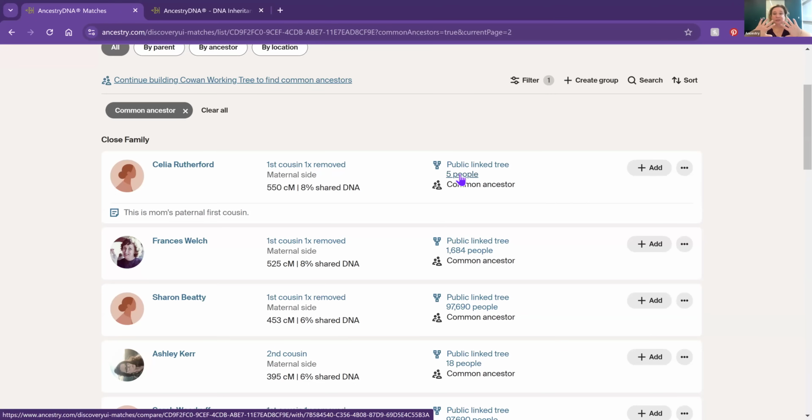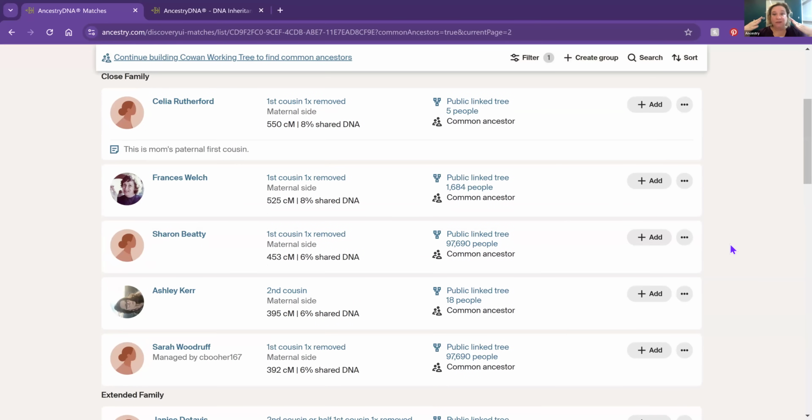But Ancestry was still able to figure out how we were related because I have more information in my tree and because other people might have information in their tree that helps to bridge that gap. So this common ancestor hint is just a hint. It is just a suggestion for how an algorithm looks at the family trees and thinks that you might be related.